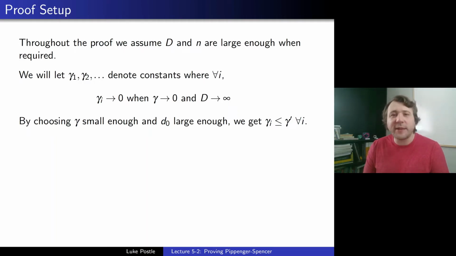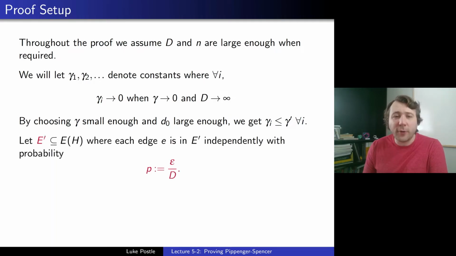I'll try where we can to talk about what specifically they are. They're just functions of gamma. They might be 2 gamma, 3 gamma, such things. We'll point them out when we can, but there'll be a lot of them. Otherwise, we could have used little o notation. Basically, if you think of gamma as little o of 1, then these gamma i's are also little o of 1. But here we're doing it a bit more formally, following along with Spencer.